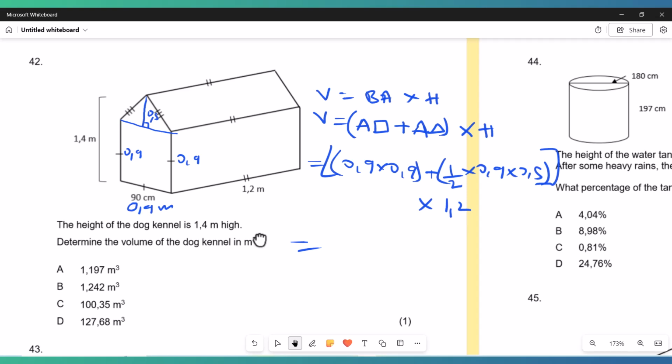Calculator, open bracket, 0.9 times 0.9, close bracket, then plus open bracket again, 0.5 times 0.9 times 0.5, multiplied by the 1.2. Yeah, it gives me 1.242.